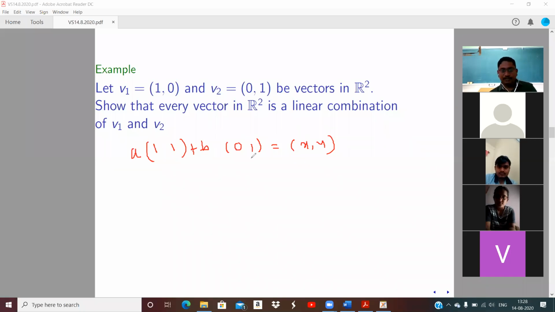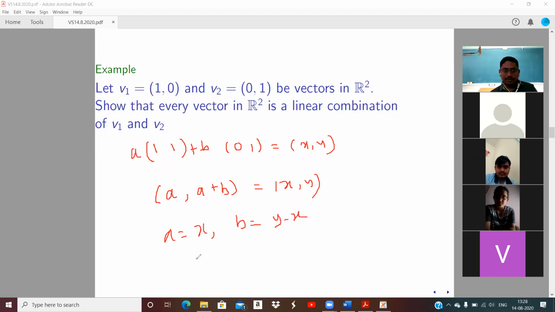So how can one find them? You must get x here. You have to write the value of a and b such that you get (x, y) here. So it is (a, a plus b) equal to (x, y). So the value of a is x and the value of b is y minus x.